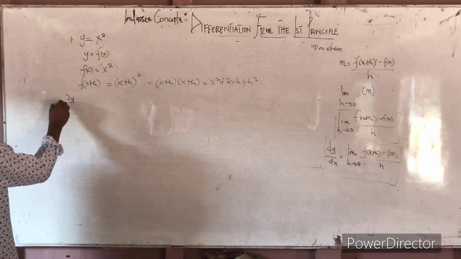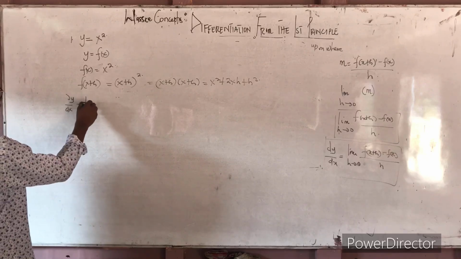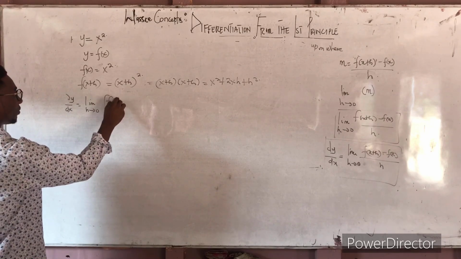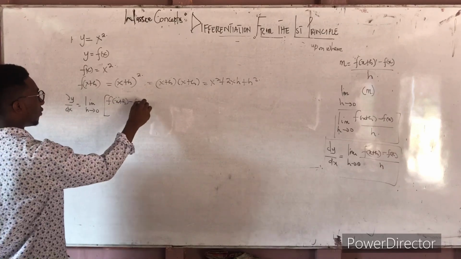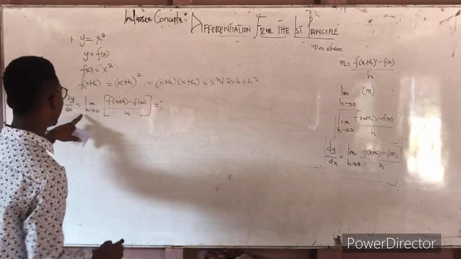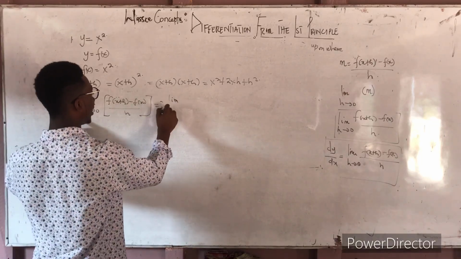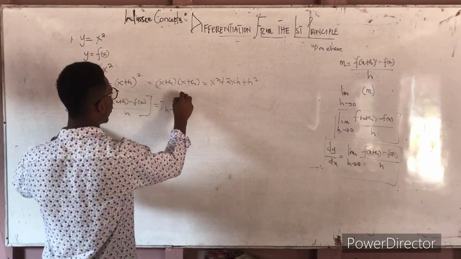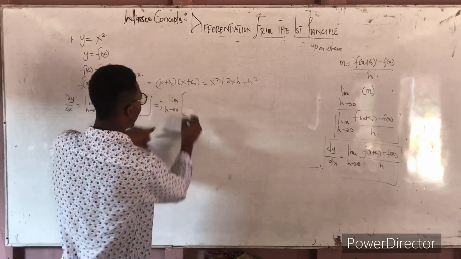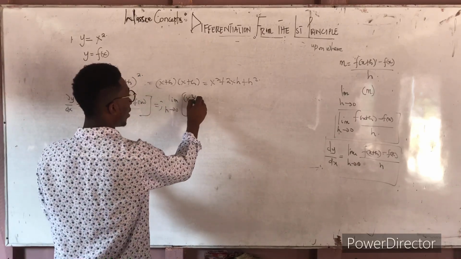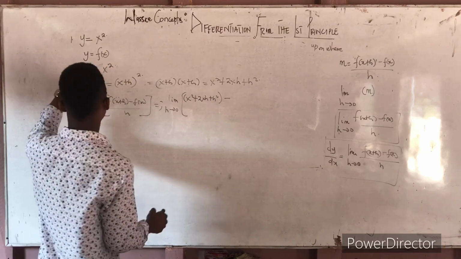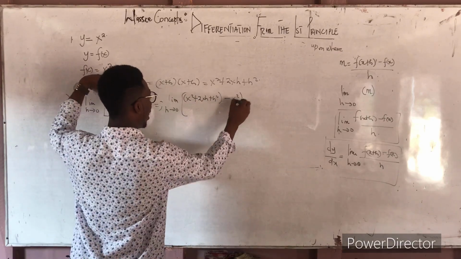Okay. So now you state your formula. The derivative dy dx is equal to the limit as h approaches 0 of f of x plus h minus f of x all divided by h. So now we just put it inside. The limit as h approaches 0. What is the function f of x plus h? The whole of this, which is x squared plus 2xh plus h squared, minus f of x, which is what? x squared.